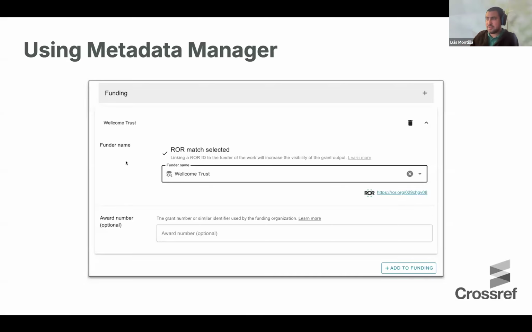So in this specific example, you can see that you can type the Wellcome Trust organization, and then it will be automatically matched to the ROR ID. And of course, you can still add the award numbers here in this text box, and of course, add multiple funders if this is the case for your record.